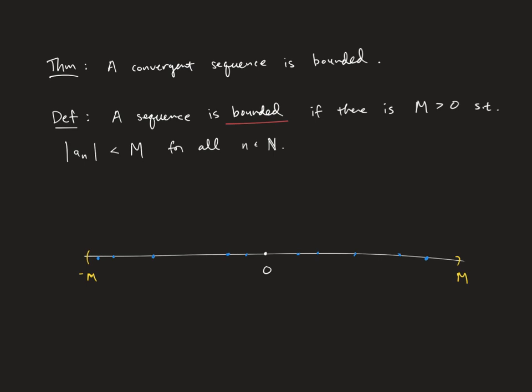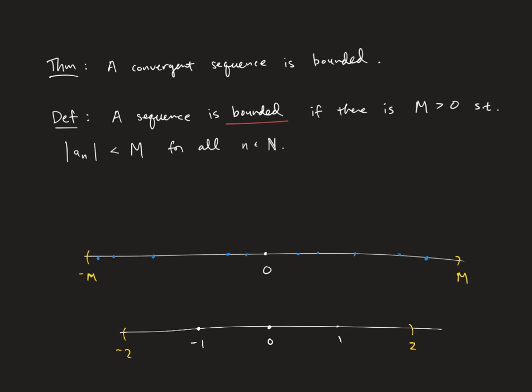Okay, and so notice that the converse of this theorem is definitely not true. Last time we looked at the sequence which is just alternating ones and negative ones. So if we look at 0 here, and we have 1 and negative 1 here, of course we can take our m to be, say, 2.